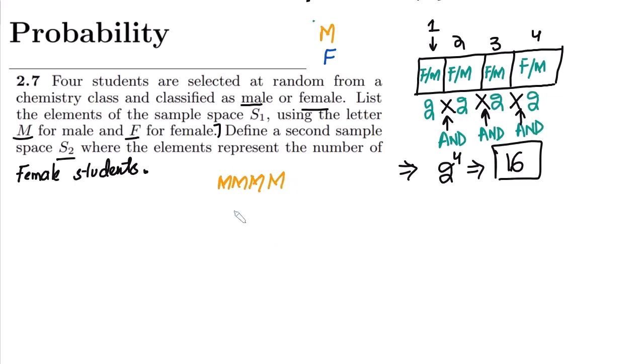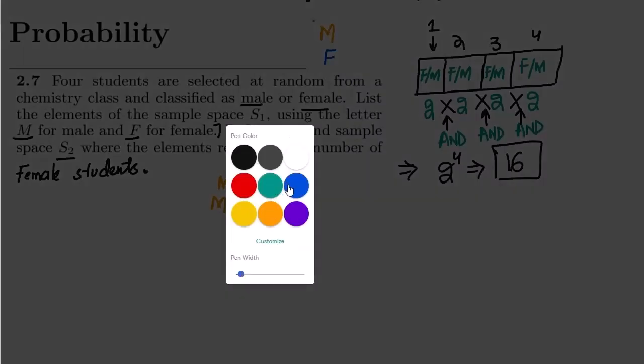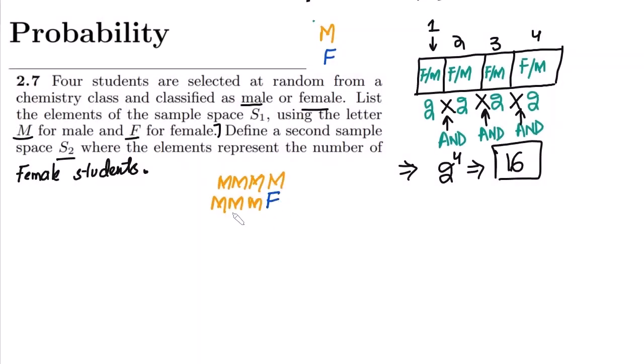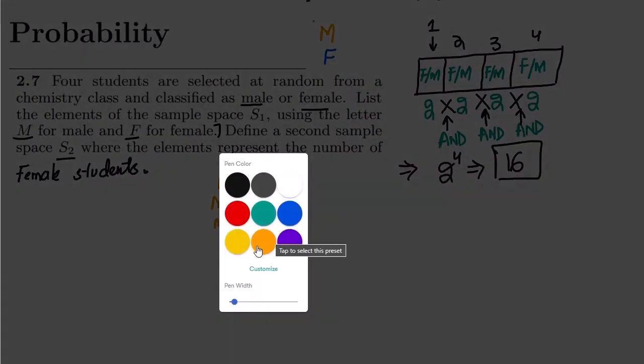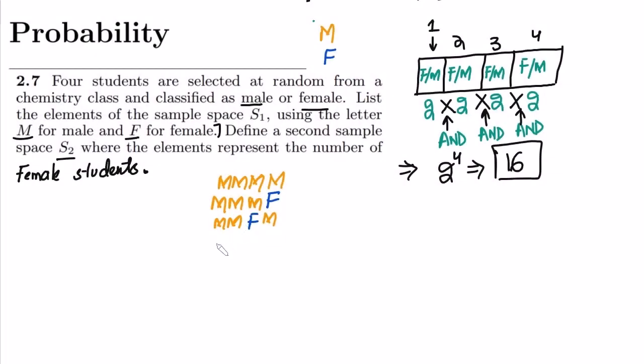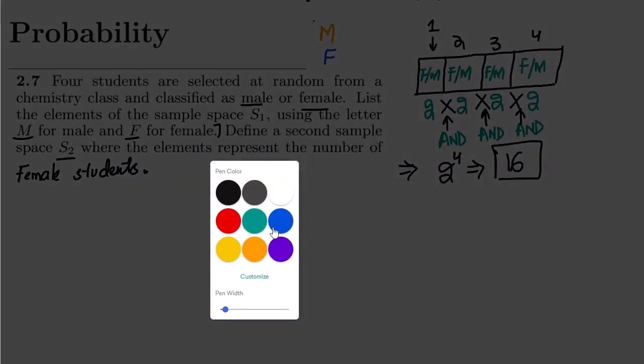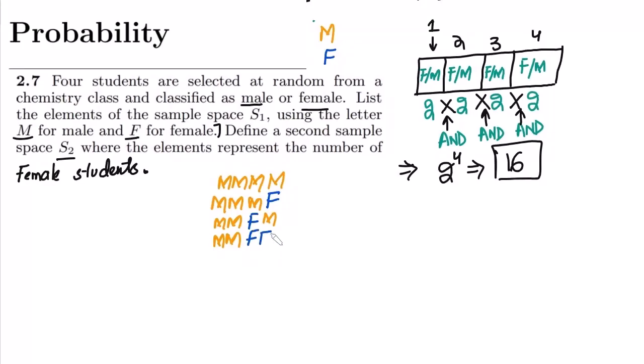Then in the second one, male, male, male, and the last one is female. Then male, male, female, and male. In the fourth one, male, male, and then female and female. That can also be an option.